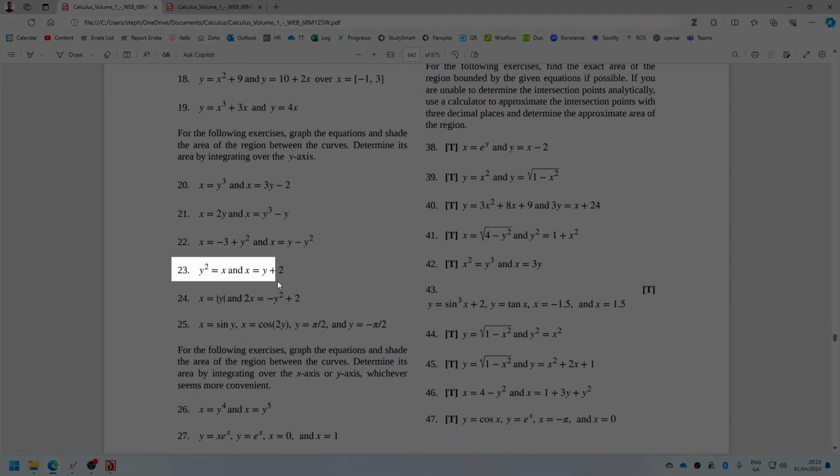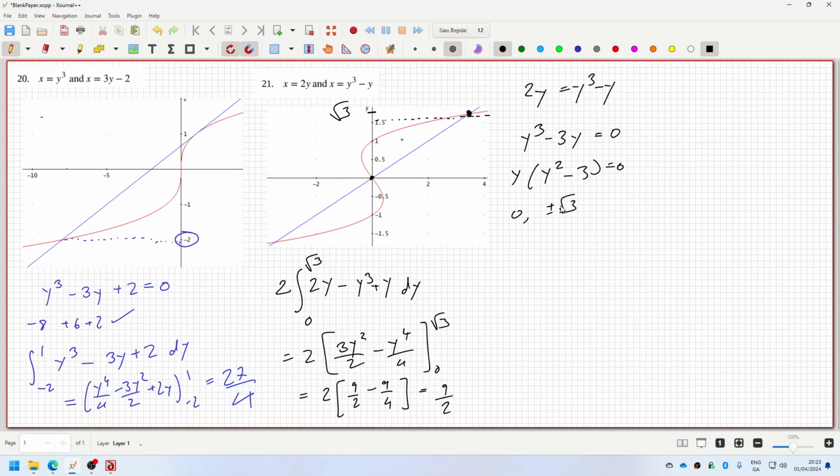Oh, well, this one looks easy. We should do this one. y squared equals x. So I think that would be like this. And then x equals y plus 2. So I think we're looking at something like this.